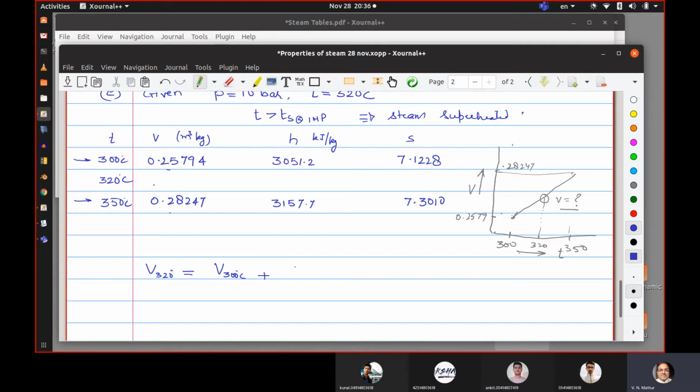So change in volume is volume corresponding to 350 minus volume corresponding to 300 per unit temperature, that means 50. So this is the slope multiplied by 320 minus 300. Rate of change of volume with temperature multiplied by 20.